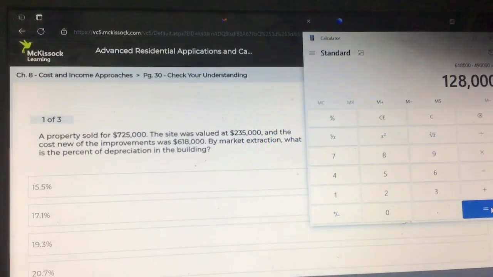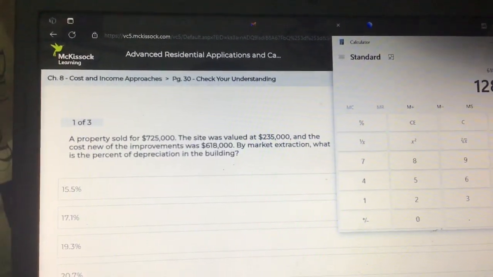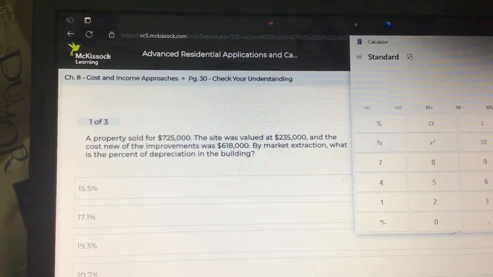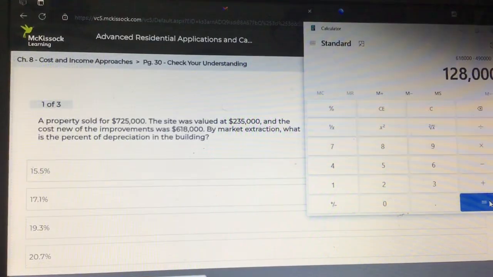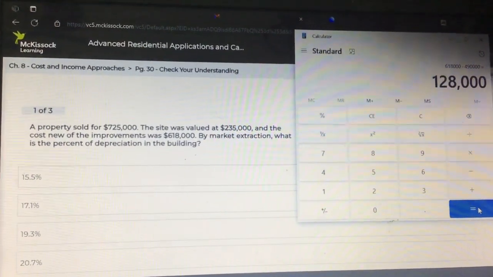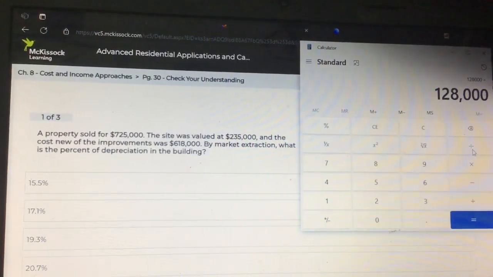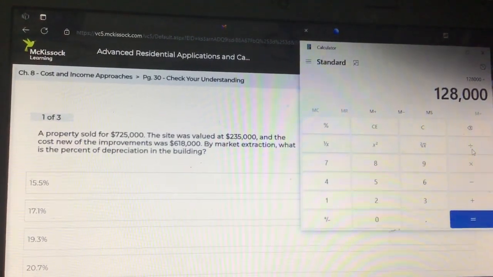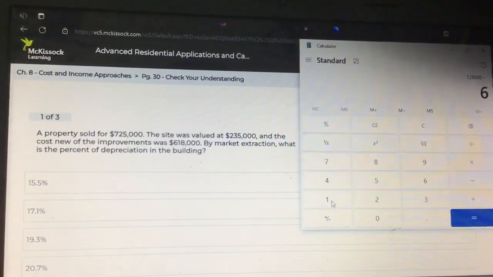depreciation. And then for the final piece of the puzzle, phase 3, you take the lump sum depreciation of $128,000, and you divide it by the bigger number, the cost new of the improvements, which was $618,000.